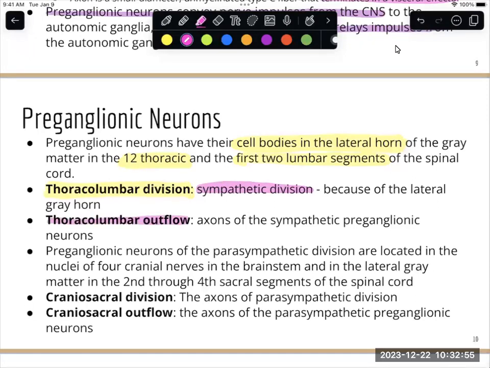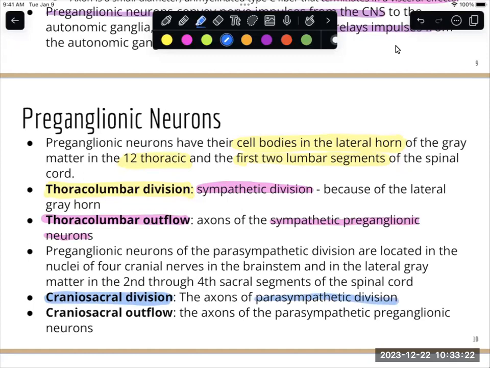This thoracolumbar outflow are the axons of the sympathetic preganglionic neurons. We have our craniosacral division. This is parasympathetic fibers.